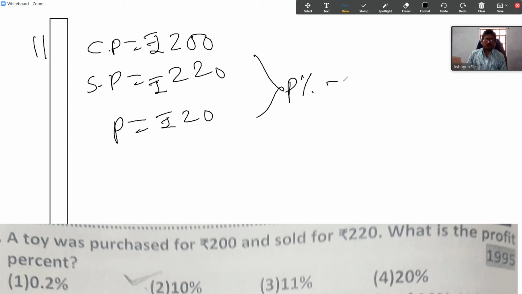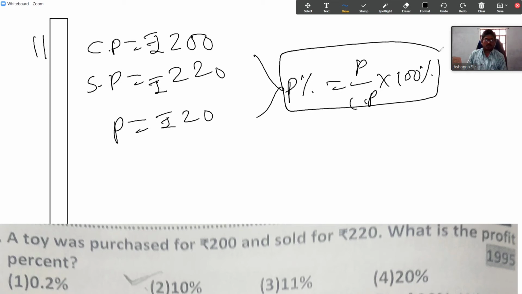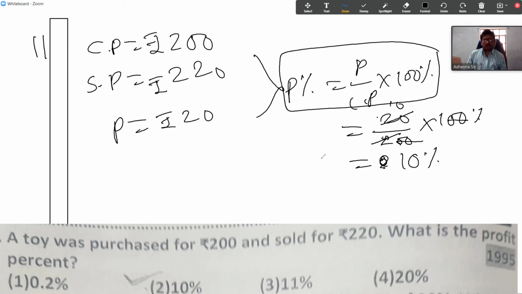Profit percent is equal to profit by cost price into 100%. So this is the formula. Profit is 20, cost price is 200 rupees, into 100%. So 2 zeros get cancelled, 2 1s are 2, 2 10s are 10%. 10% is the profit. Option 2.